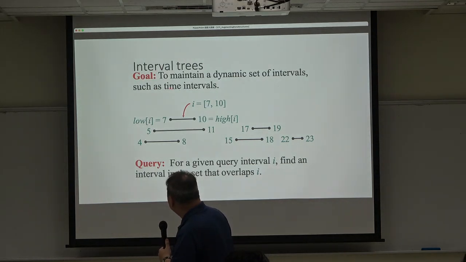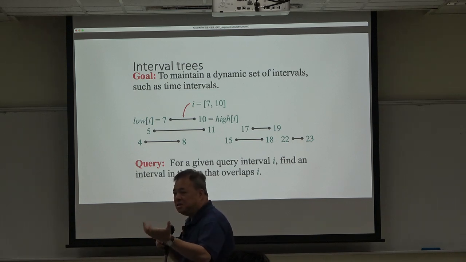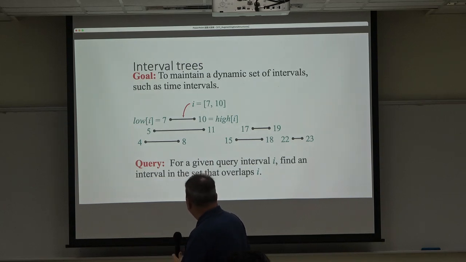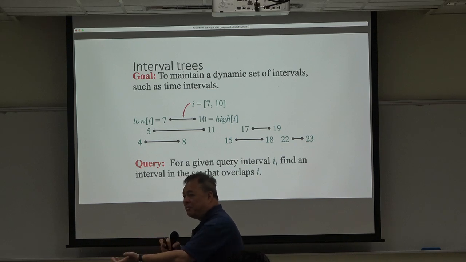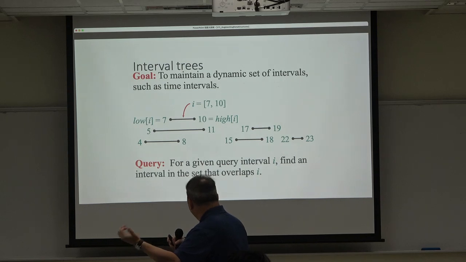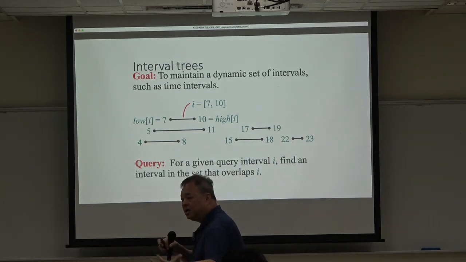So what is interval tree? First we need to talk about the problem. We are given a set of intervals. For example here, we have many intervals. An interval is represented by its lower bound and upper bound, or you can say low and high.